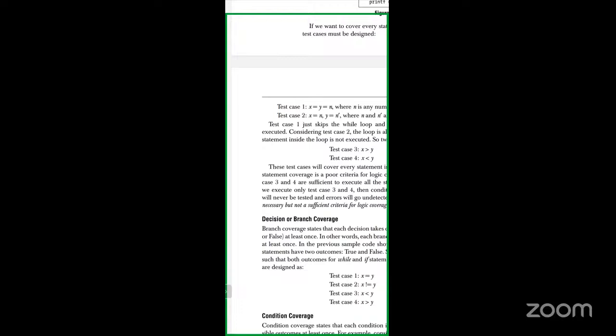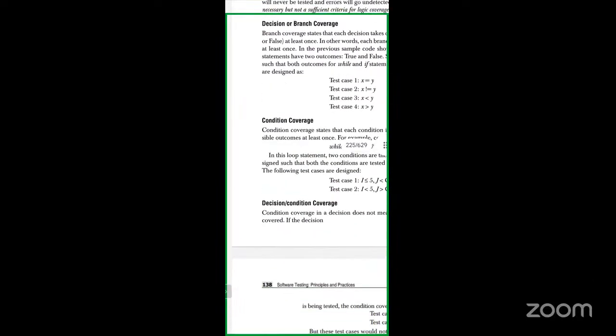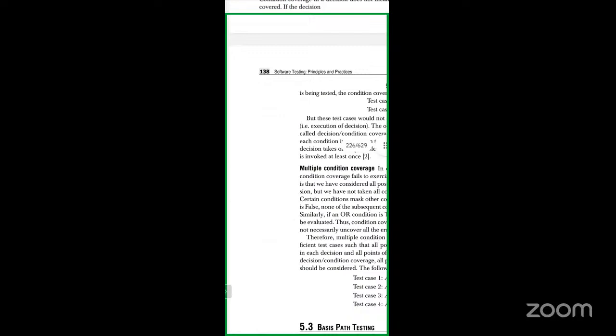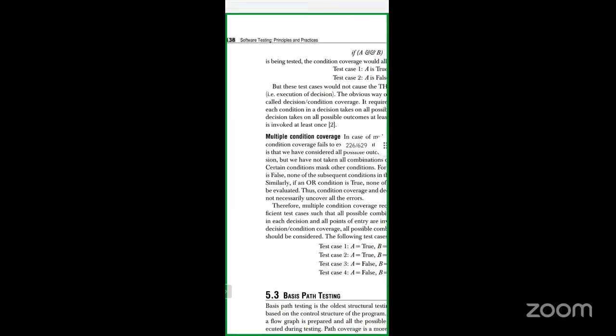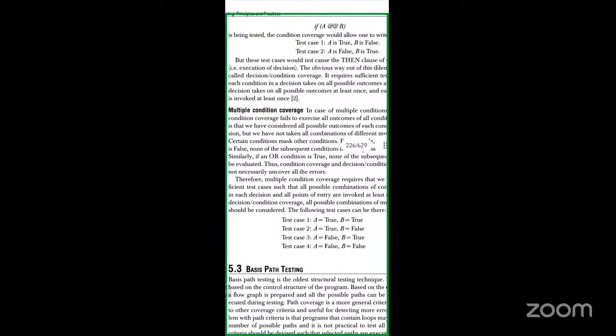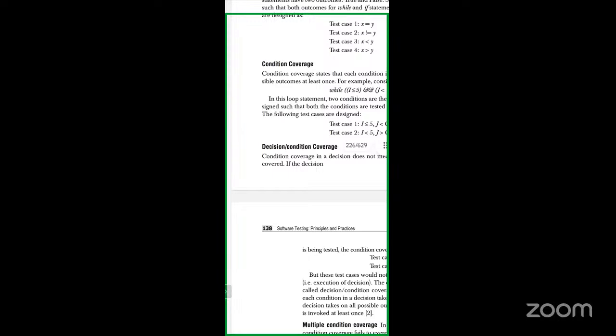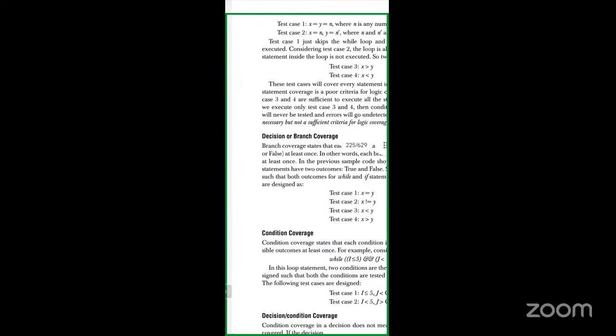Then condition coverage, so we check the conditions. Then decision or condition coverage, that is, we check the multiple conditions available in the coding part. Then we will come to know the drawbacks in that particular code.